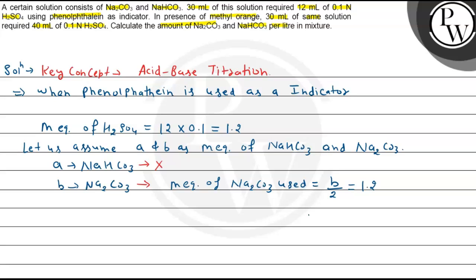So from here B is equal to 1.2 multiplied by 2. So it is equal to 2.4 milli equivalent.